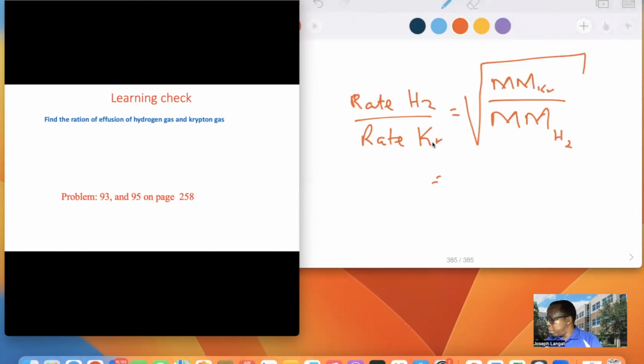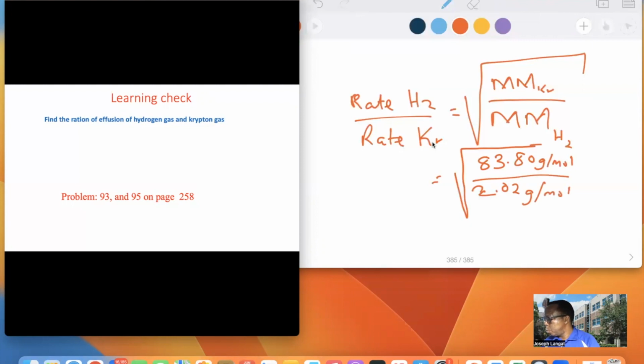So here is the square root of 83.80 grams per mole, this is for krypton, over 2.02 grams per mole. You'll end up with 6.44. All right, this is the ratio of the rates of effusion.